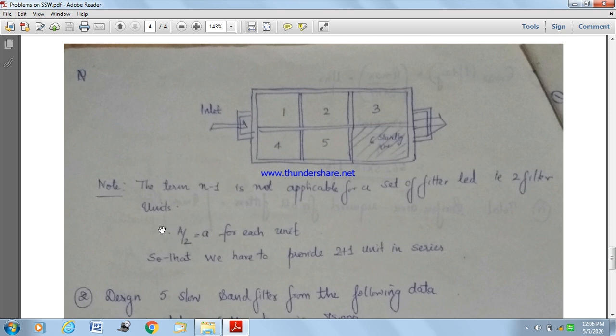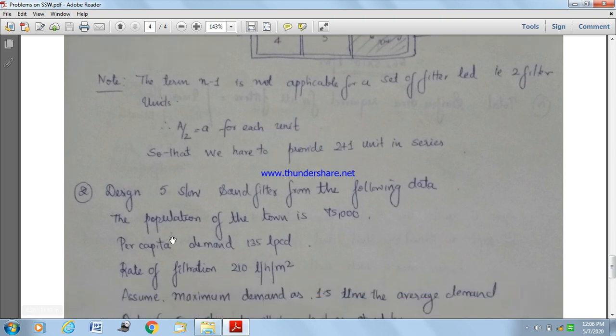You have to take A by 2 is equal to A, so we can provide 2 plus 1 units in the series. In a similar way, try to solve the second question. Okay, we'll stop now.